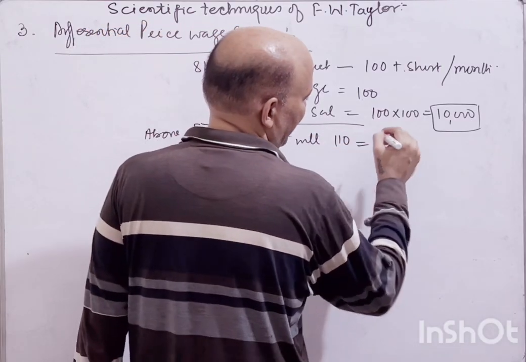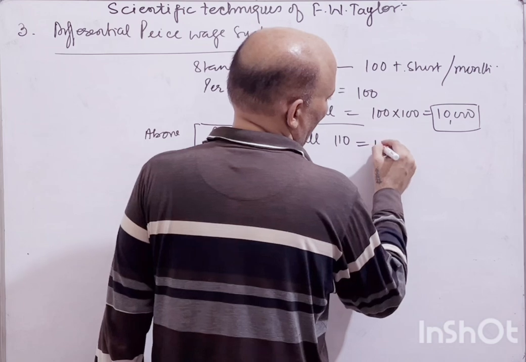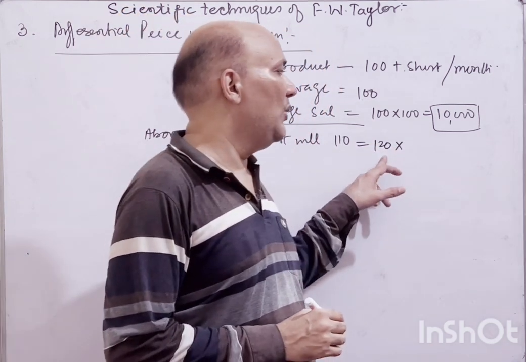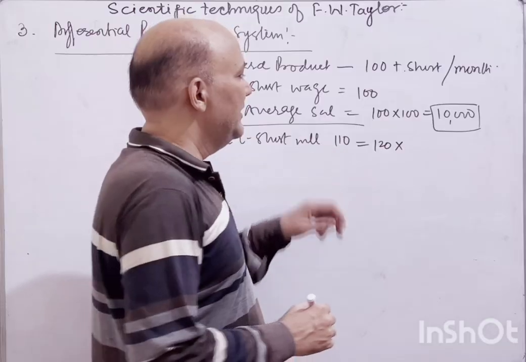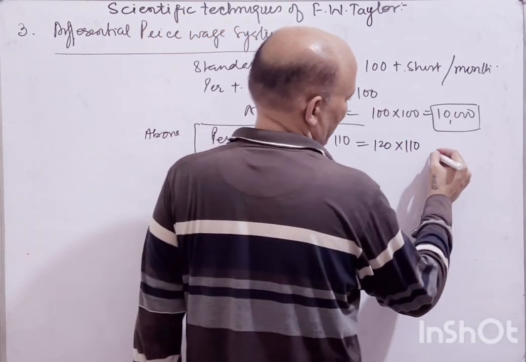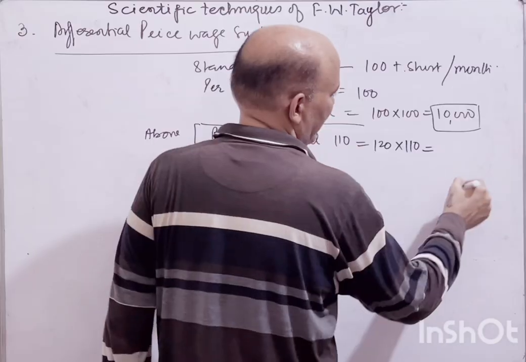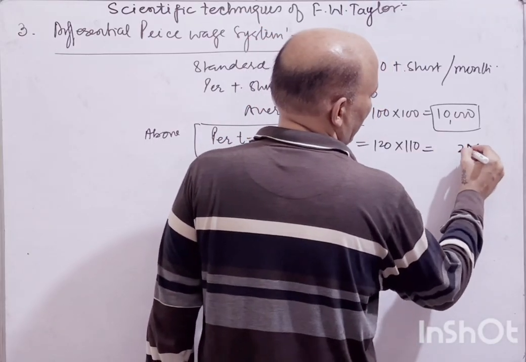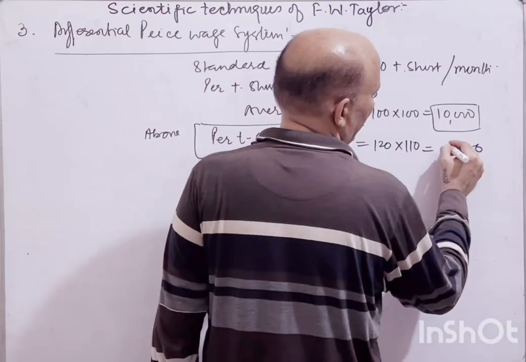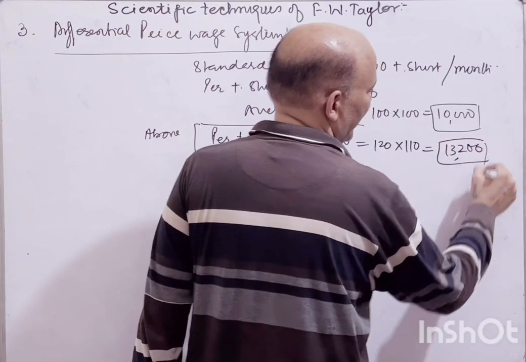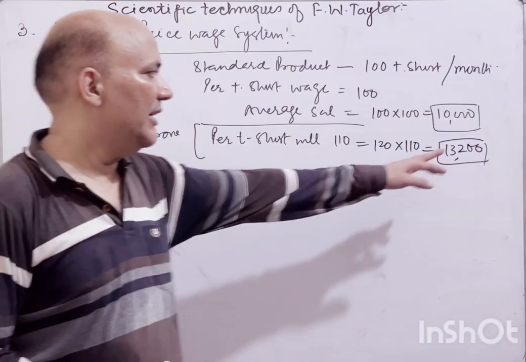So let's say he makes 120 t-shirts, so not only is he making more t-shirts, he is also getting a per t-shirt salary of 110. So let's see what his salary will be in this case. He will get 13,200. So this is the efficient worker.